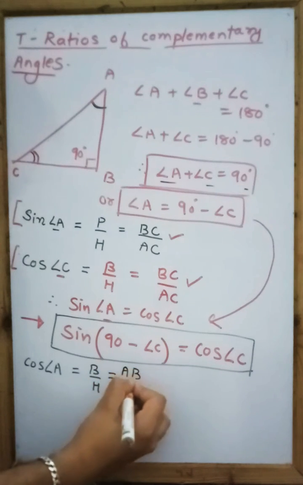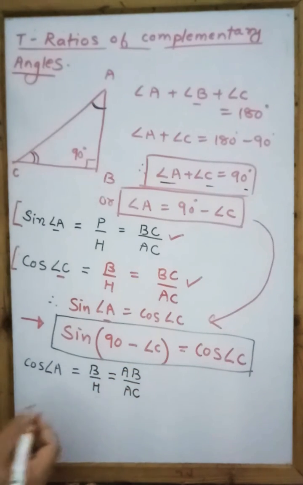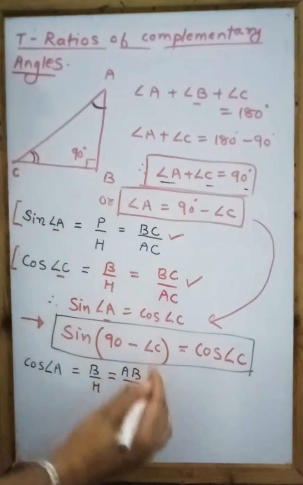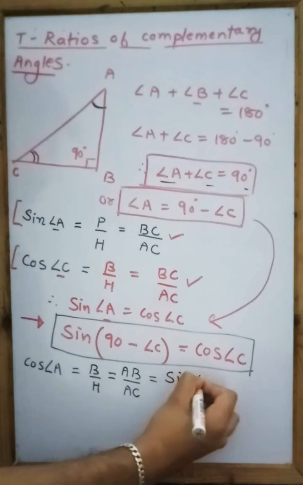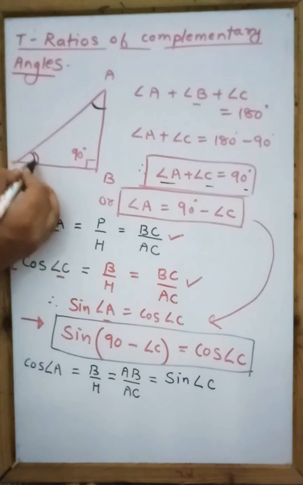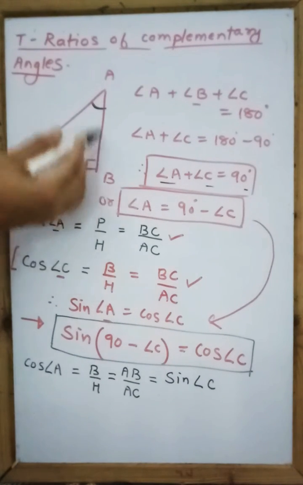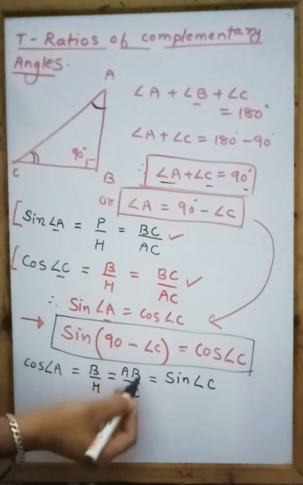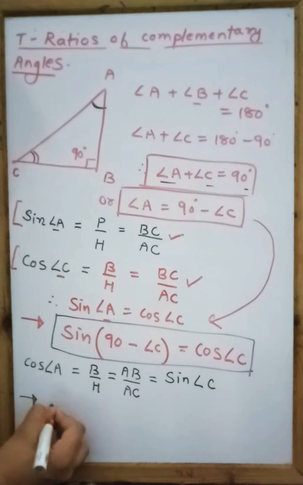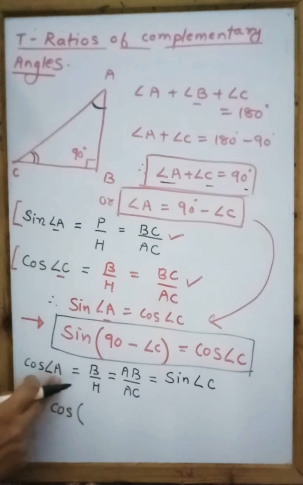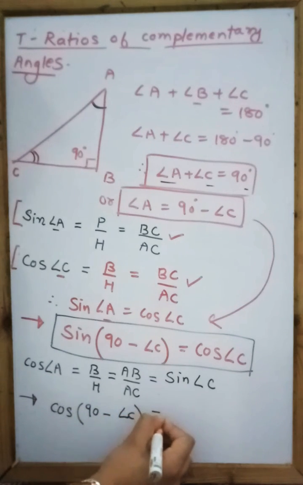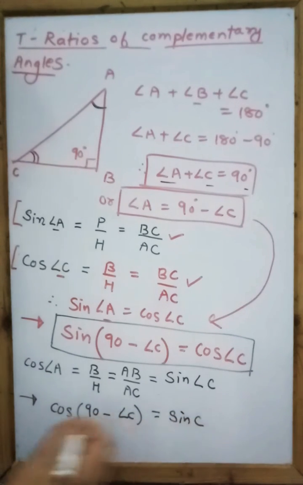So it will be AB by AC, which, if you look at the figure very carefully, is the same as sine of C. Why? Because sine of C is P by H, and for C the perpendicular is AB. So again it is AB by AC, which is the same. So this second formula I can rewrite, instead of A over here, as 90 minus C. So cos of 90 minus C will become equal to sine C.